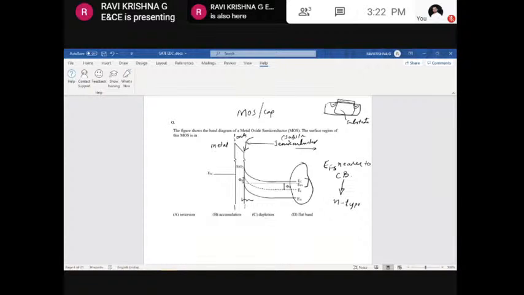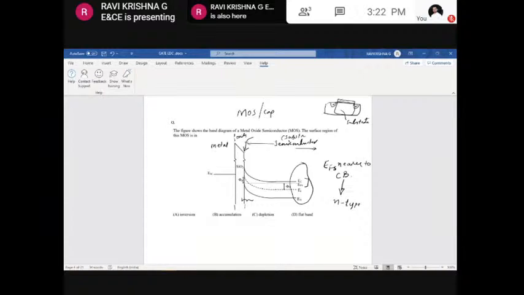This intrinsic silicon is doped with donor atoms, which leads to N-type material, so the substrate is N-type. At this interface we need to know which mode condition is valid.